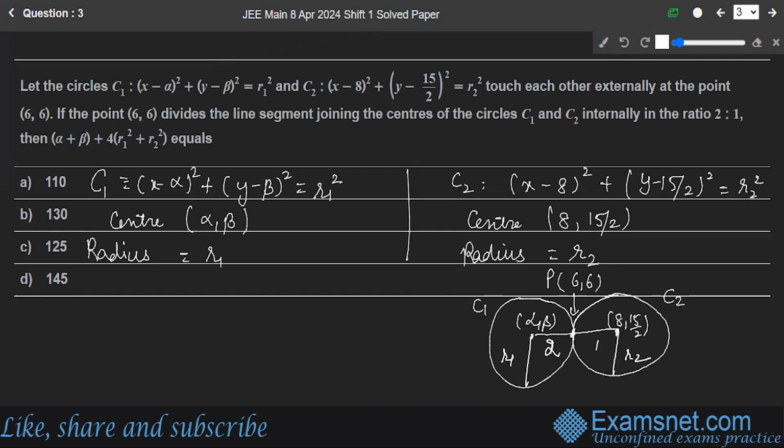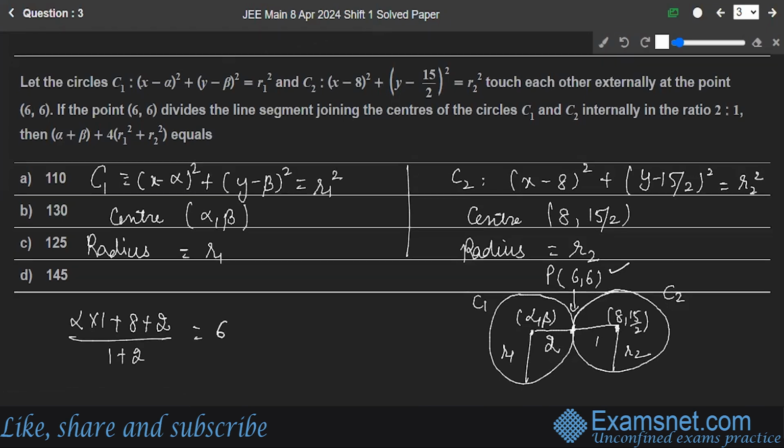Now, according to the section formula, you have (alpha into 1 plus 8 into 2) divided by (1 plus 2) is equal to 6.